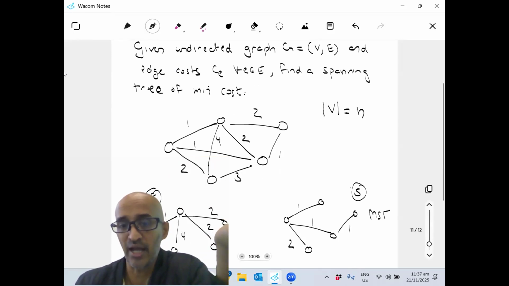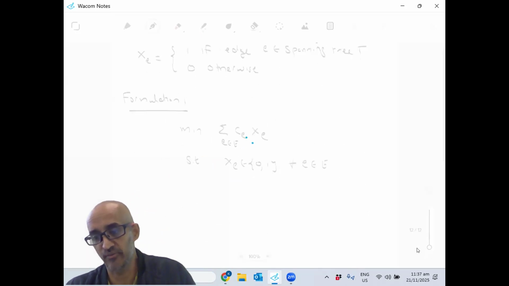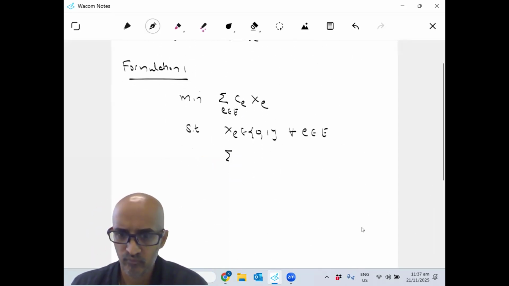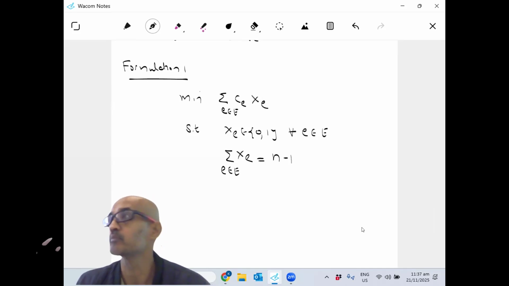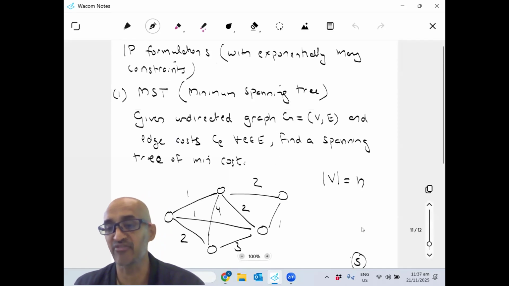If you have more than n minus 1 edges, you will definitely have a cycle. So you require the total number of edges to be n minus 1. The challenge if you only use this formulation is you can have cycles.